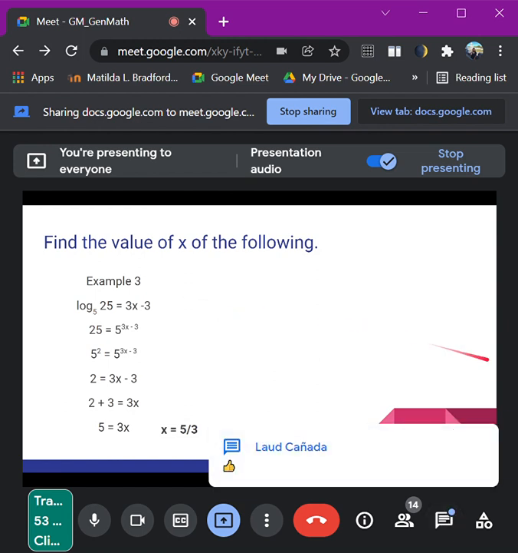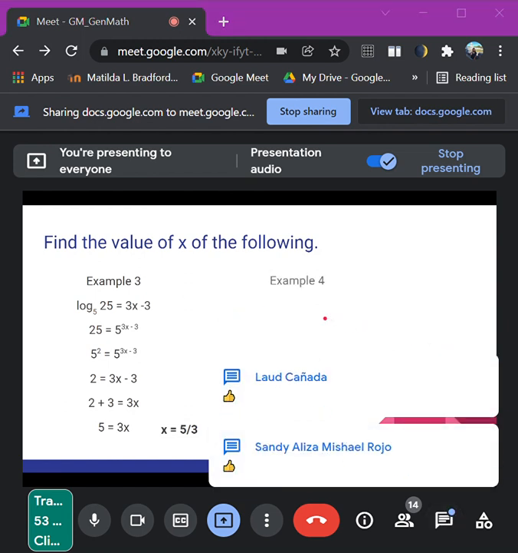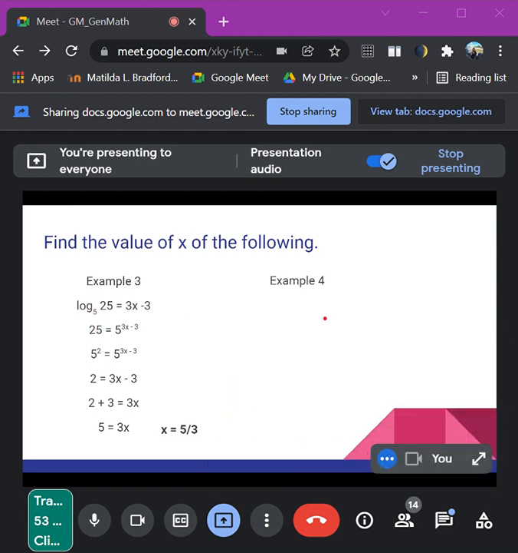Okay. Now, let's go to our last example for solving logarithmic equations. Now, we have here log of 2x with base 3 minus log of quantity x plus 5 with base 3 is equals to 0.